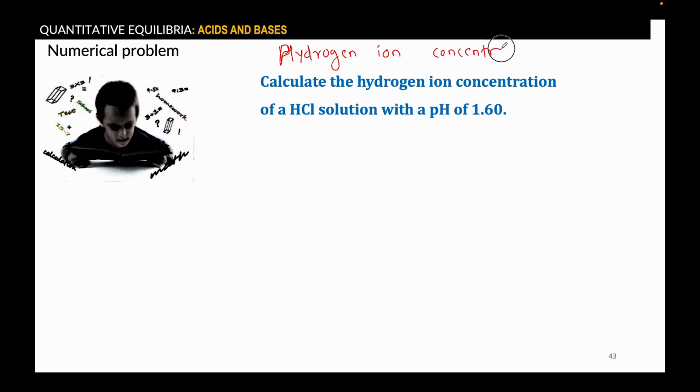The concentration is shown by square brackets.